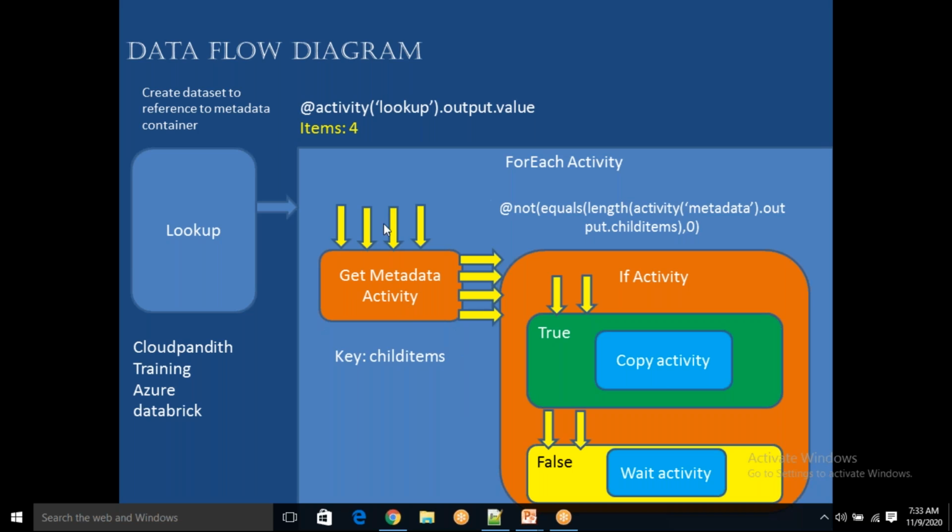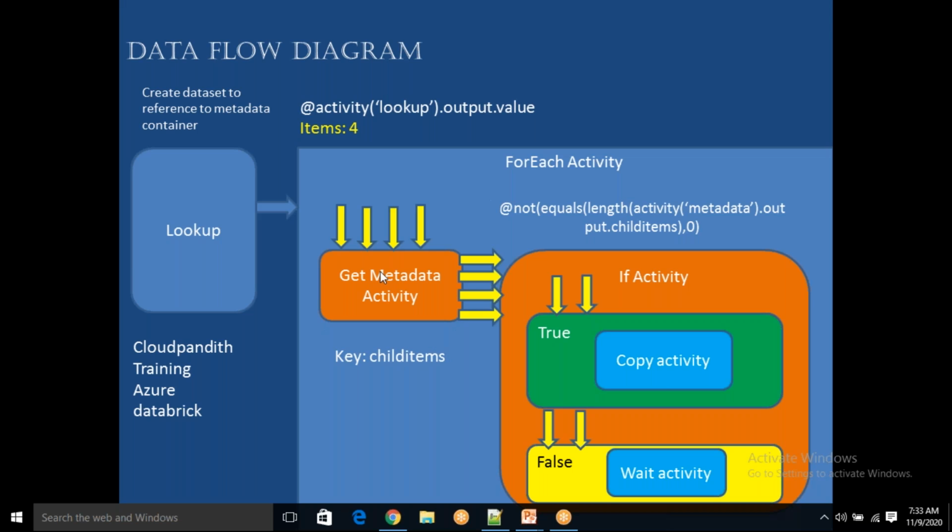Now you see, first let's focus on the Cloud Pandit container itself. In the Cloud Pandit container, I need to check whether I have files in it or not. How will you check? You are going to use child items, which we already used. We use a key that is nothing but the field list.